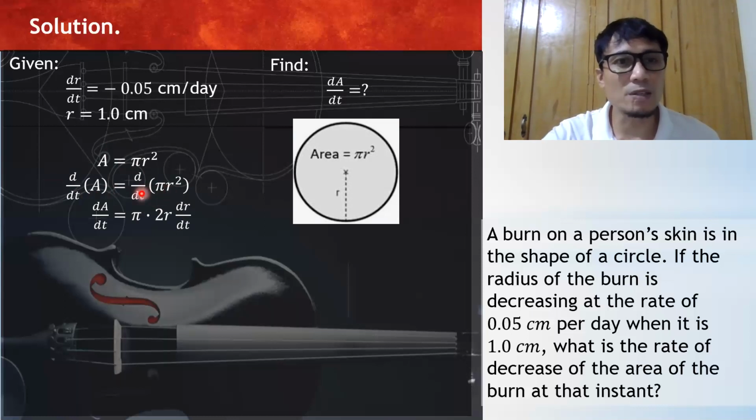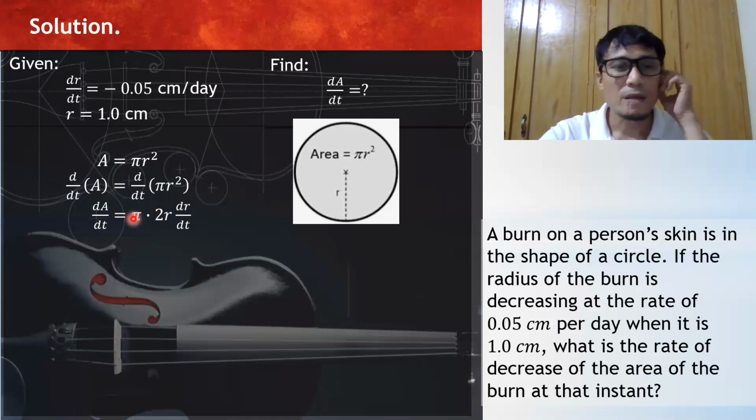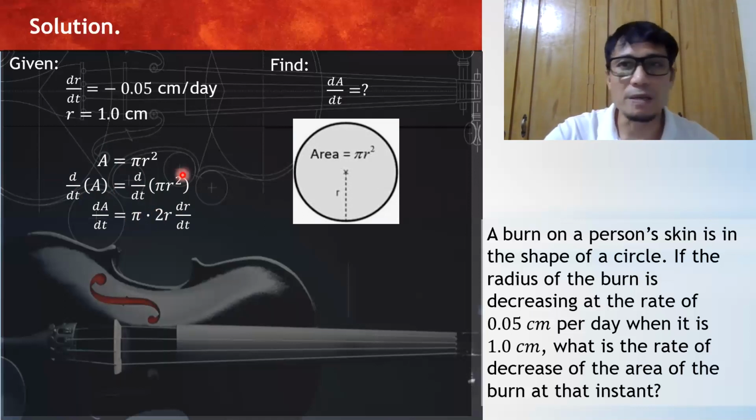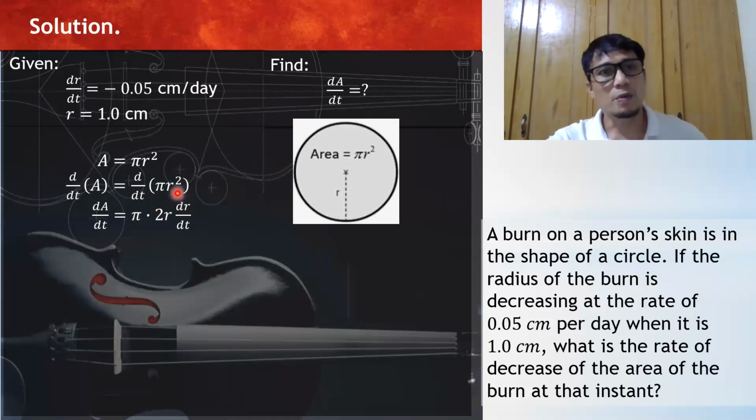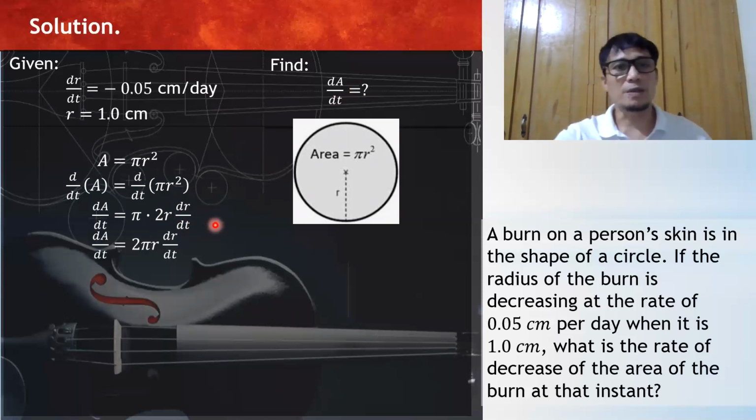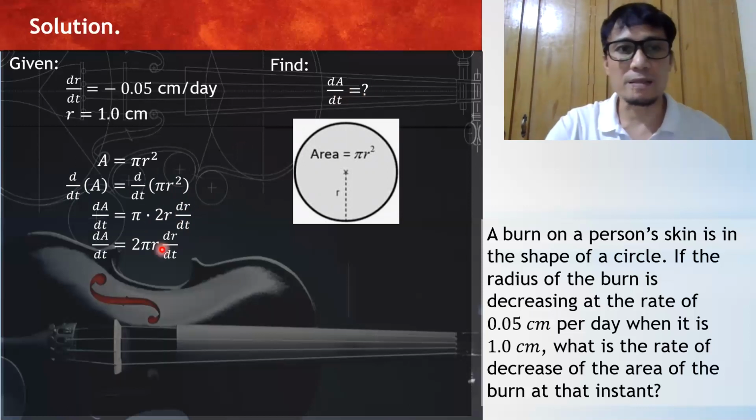While pi here is constant, we can take it out of the d dt. And then the derivative of r squared is 2r using the chain rule, 2r times the derivative of r, which is dr dt. Since we're looking for dA dt, we can write this in simpler form as dA dt equals 2 pi r dr dt, right?